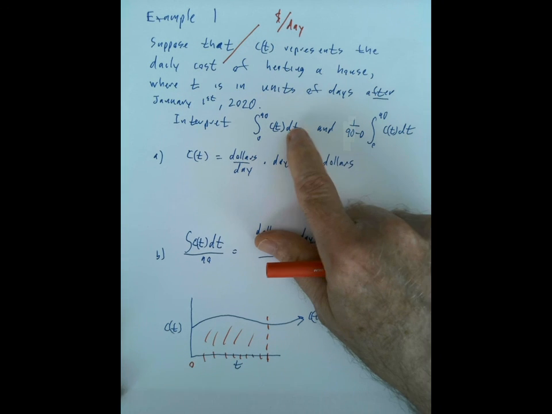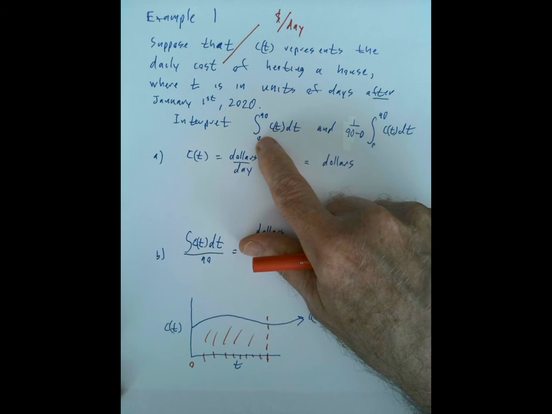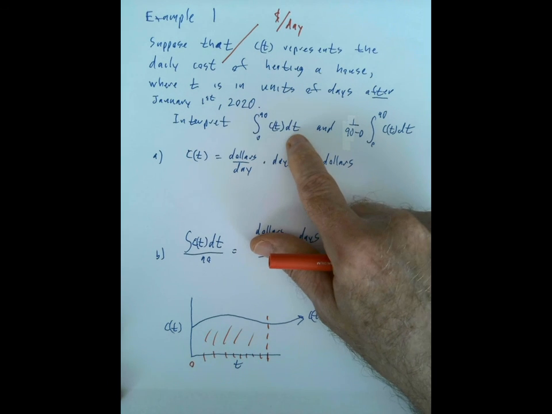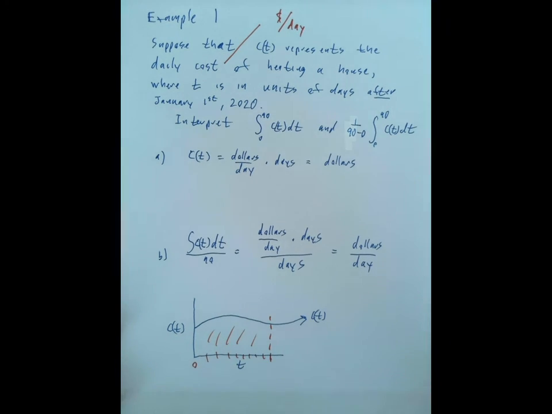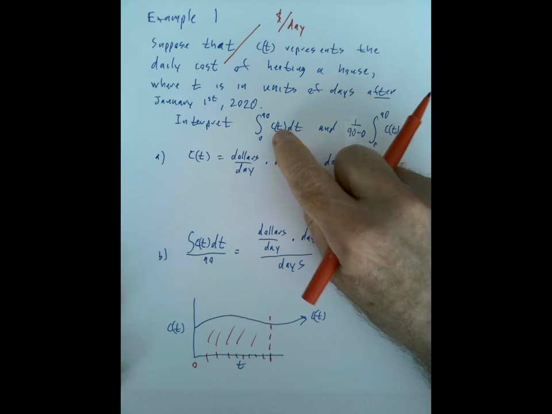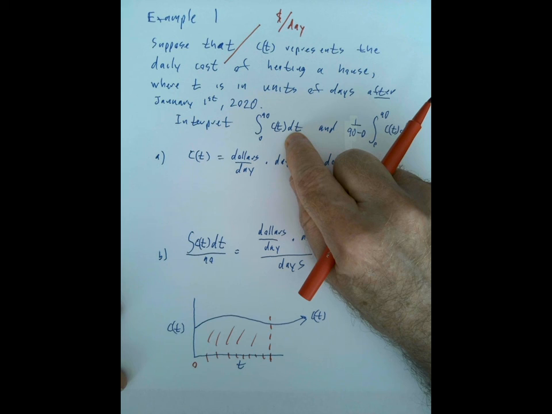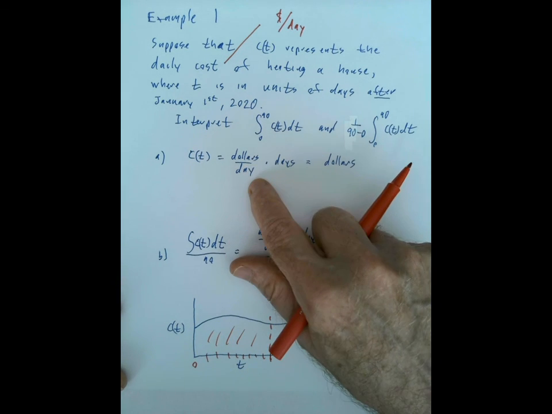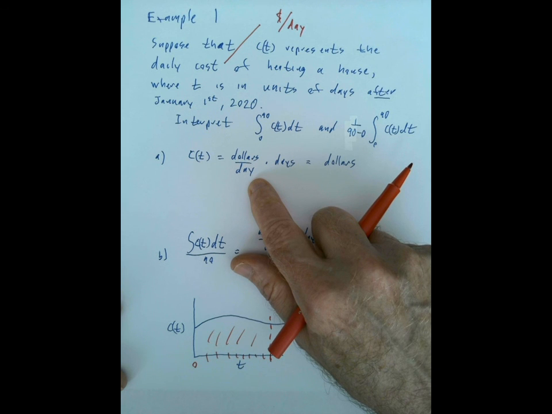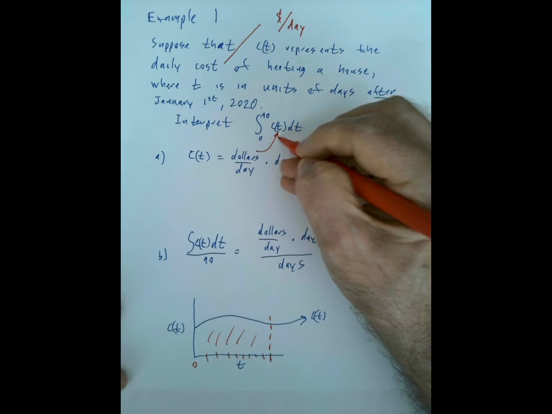What would this integral be, from 0 to 90 of C of T dt? Well, 0 to 90 means the first 90 days after January 1st, so about the first 3 months, right? C of T is the cost, dt. So in terms of units, C of T was dollars per day.